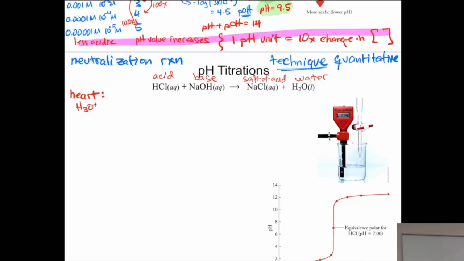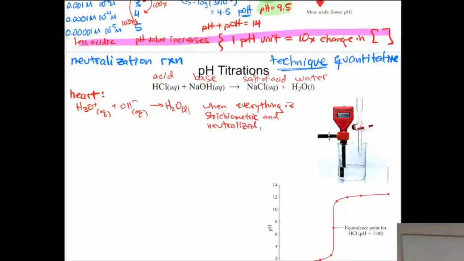H3O+ in aqueous solution plus OH- in aqueous solution will come together to form H2O liquid. And when everything is stoichiometric and neutralized, then we will have this situation.